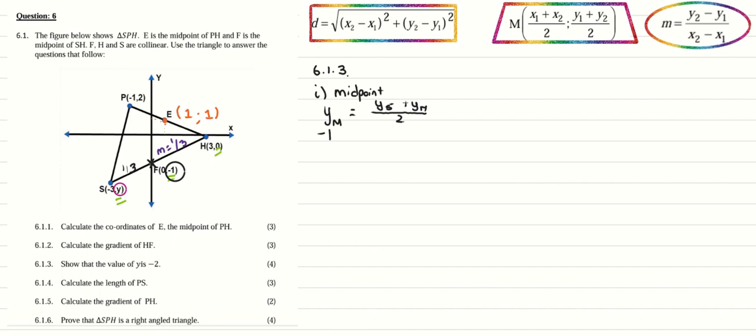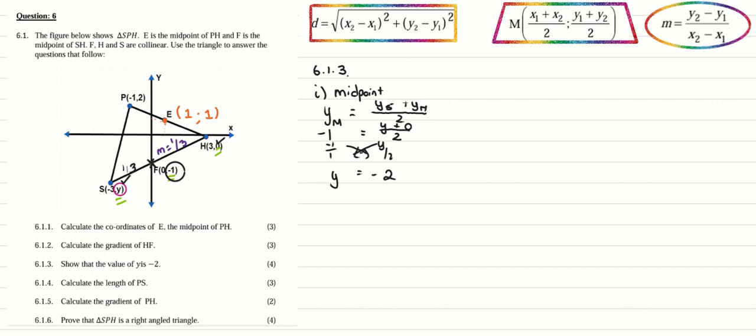So minus 1 came from saying y plus 0 over 2, because here's the y value of S and here's the y value of H. From here we can just cross multiply to solve for y. So we can go minus 1 over 1 equals y over 2, and then we cross multiply and find that y is equal to negative 2. And I think that is the easiest way, by using the midpoint.